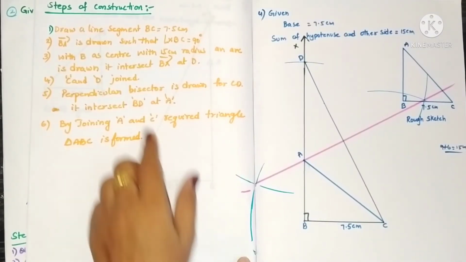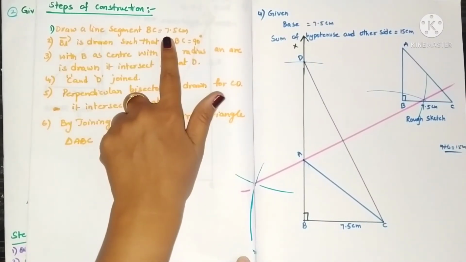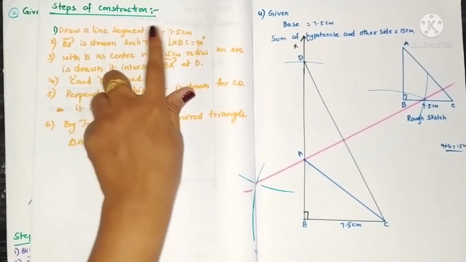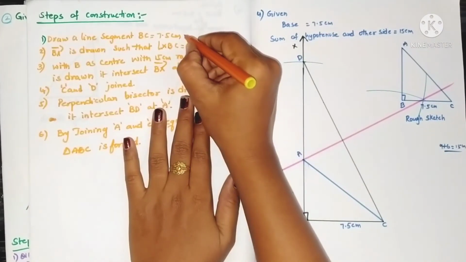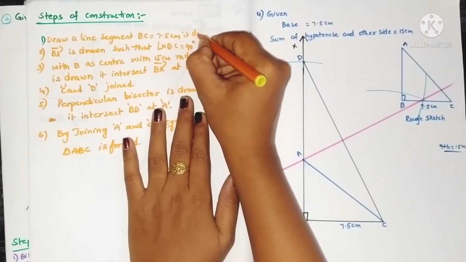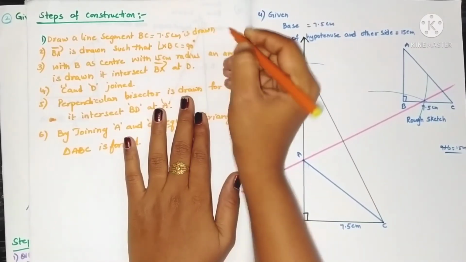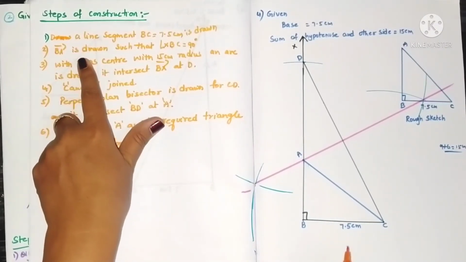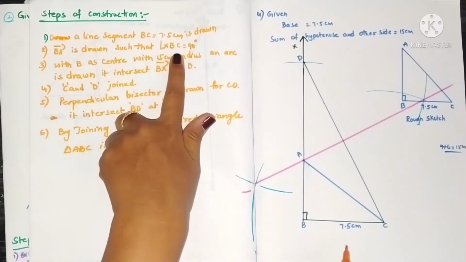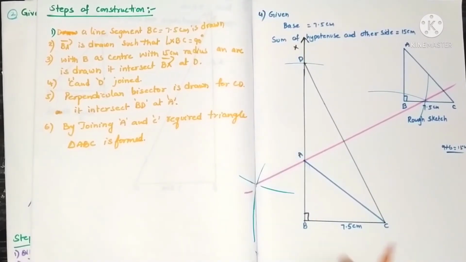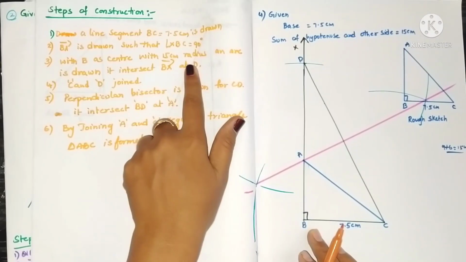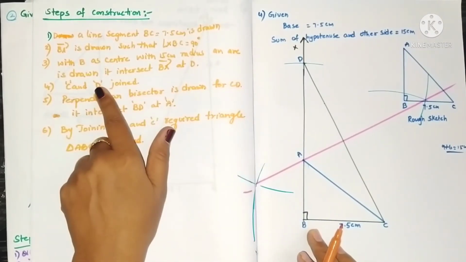Steps of construction. So a line segment BC equal to 7.5 centimeters is drawn. Okay. So now BX ray is drawn such that angle XBC is 90 degrees. With B as center and 15 centimeter radius, an arc is drawn.